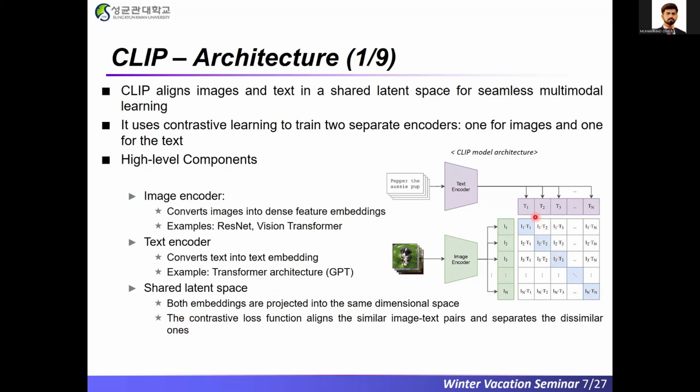Now a good thing here is that they have trained this shared embedding space with a contrastive loss function that aligns the similar image-text pairs and separates the dissimilar ones. What I mean by similar and dissimilar ones is that these are all the pairs that are dissimilar, and in the diagonal you will find all the pairs of image and text that are similar.